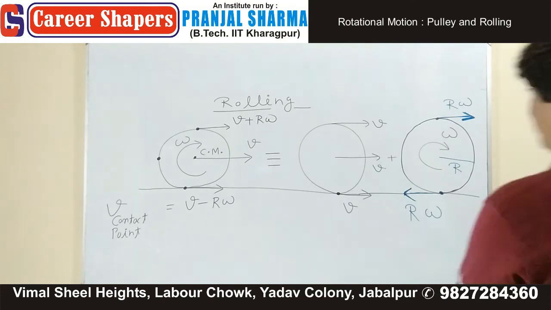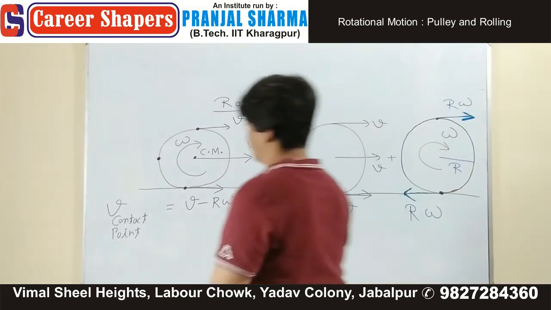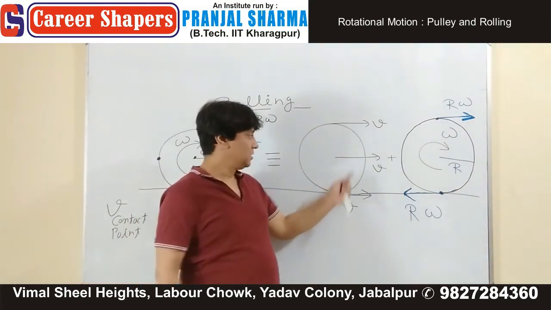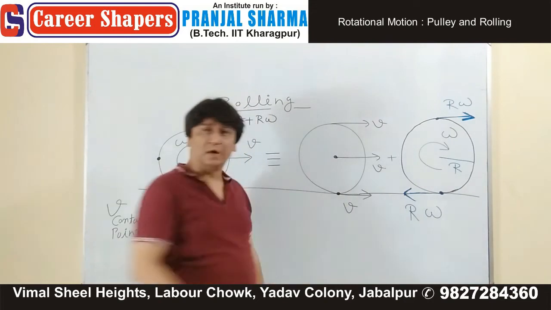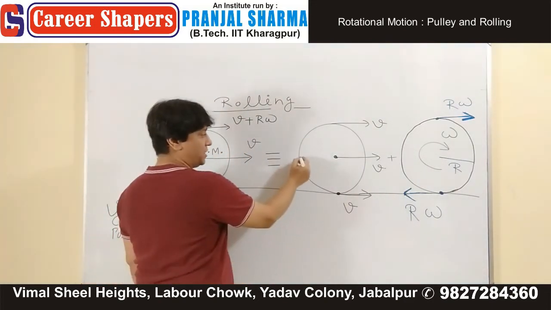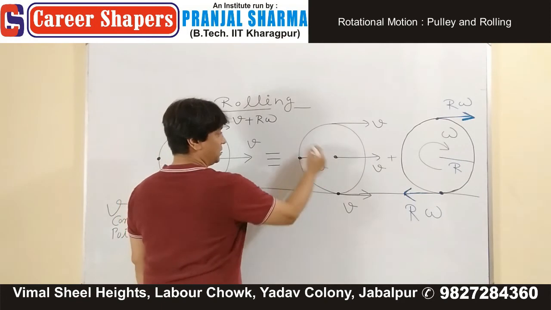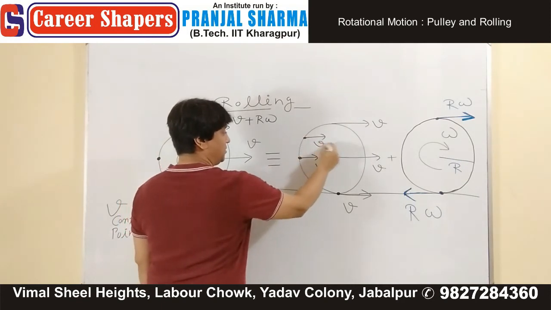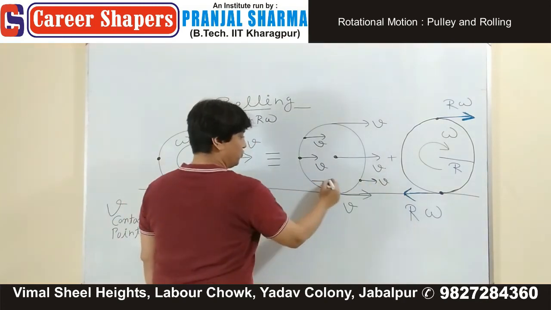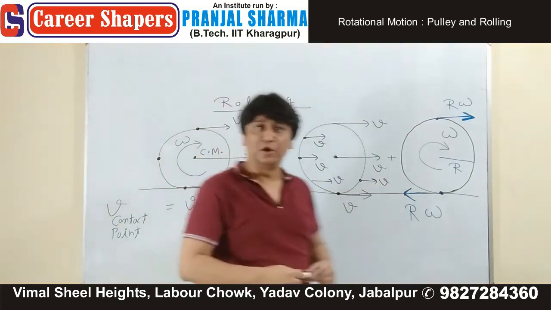Well, one of you got it correct. Good. What is V? Velocity of the center of mass. Velocity of the center of mass means every point is moving with V. Any point you take on the body has to move with V. That's the meaning of center of mass.